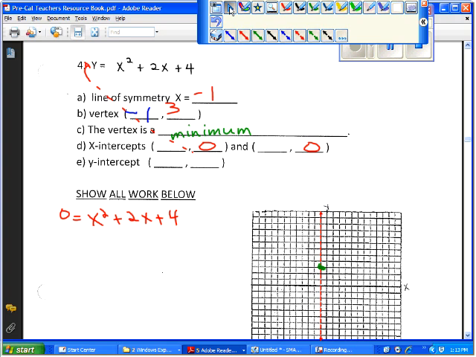Now, if we wanted to factor, we would say, what can you multiply to get a 4 and add to get a 2? Well, nothing, because 1 times 4 is 4, but 1 plus 4 is 5. That doesn't work. 2 times 2 is 4, but 2 plus 2 is 4. There's nothing that you can multiply to get a 4 and add to get a 2.